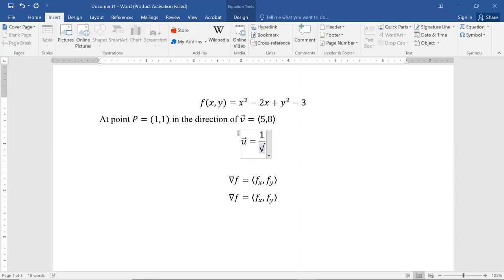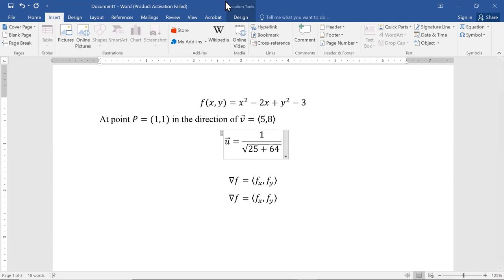That's going to be the square root of 5 squared plus 8 squared. So that's 25 plus 64, all underneath a square root. That's the magnitude of that vector 5, 8. 25 plus 64 is 89. And that's 1 over the magnitude, 1 over the square root of 89.